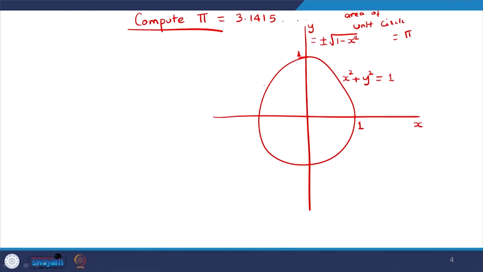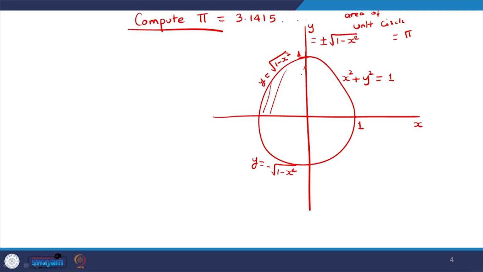Let us say, for example, if I look at the top hemicircle, that is represented by y is equal to under root 1 minus x square, and the bottom semicircle is represented by y is equal to under root 1 minus x square with a minus sign.